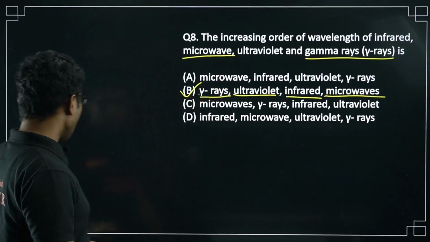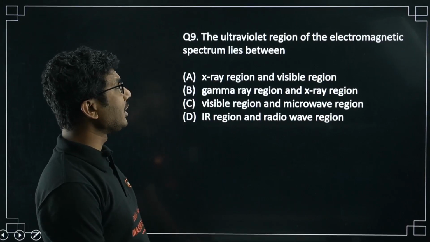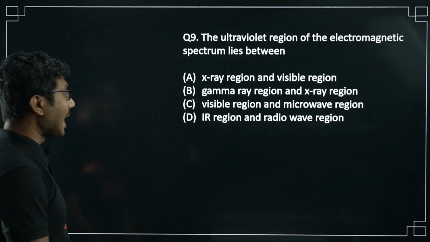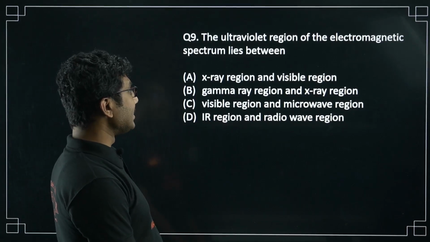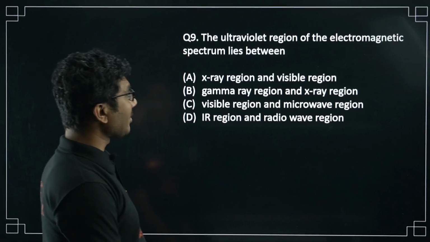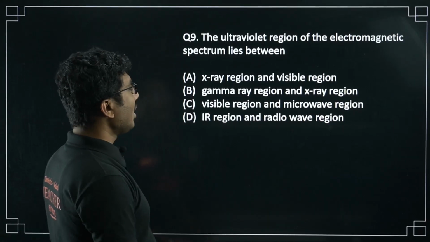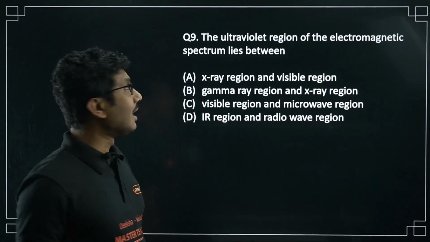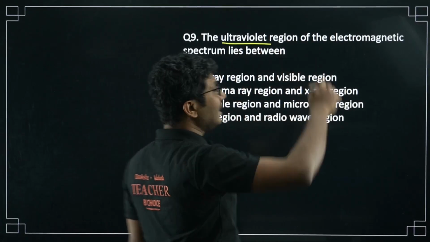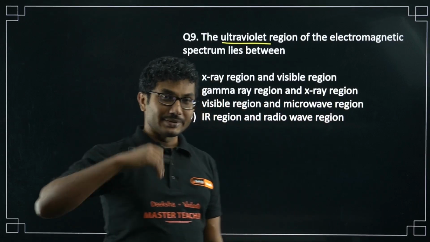The ultraviolet region of the electromagnetic spectrum lies between the X-ray and visible regions. The order is gamma ray region, X-ray region, visible region, infrared region, microwave region and radio wave region. If you remember, ultraviolet has a frequency higher than that of violet, and violet is in the visible region.